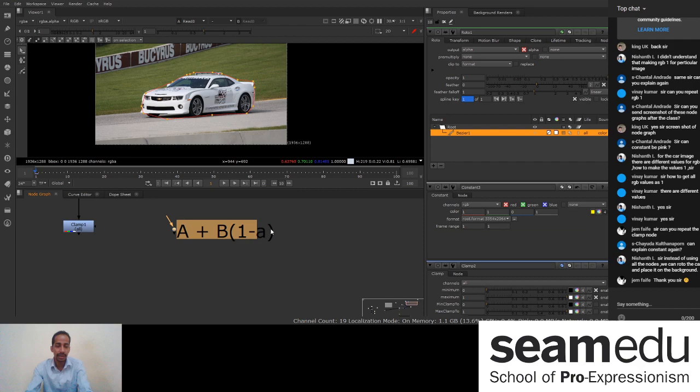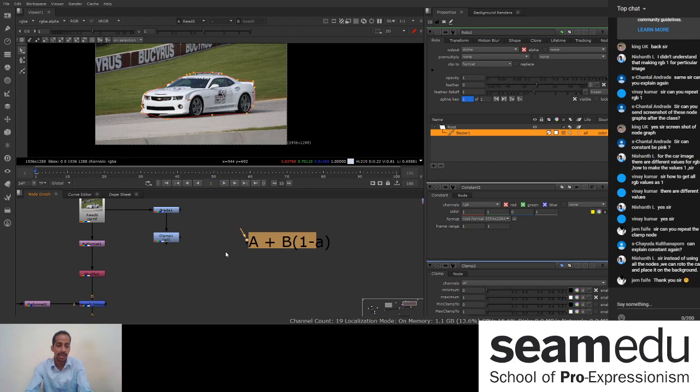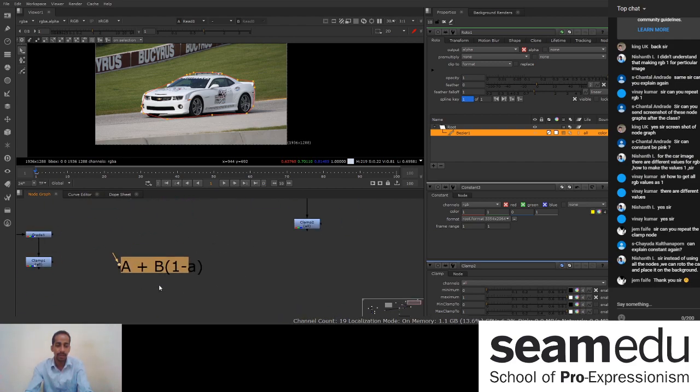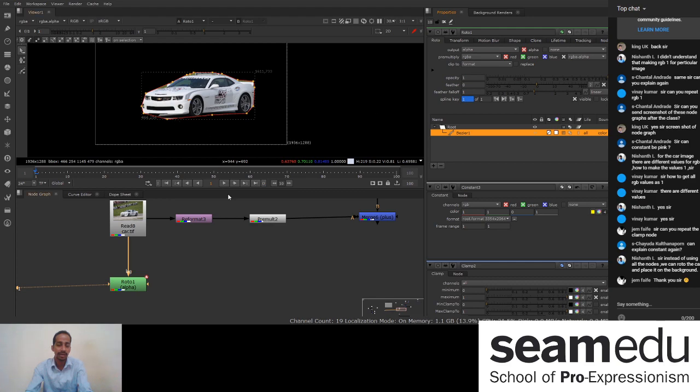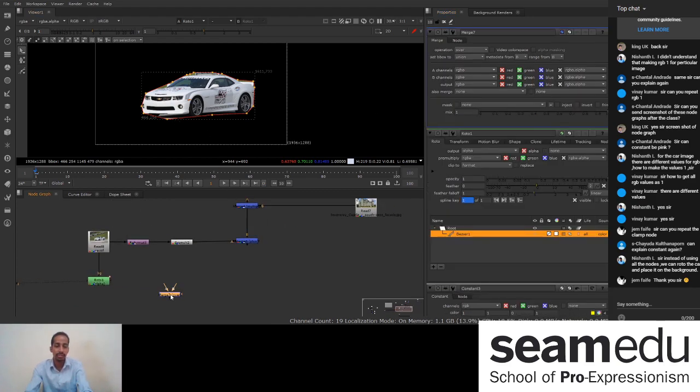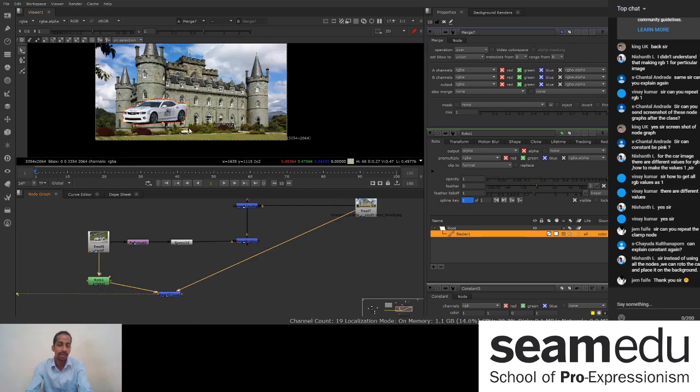All right, and it says 1 minus a multiplied by b plus a. So instead of seeing it mathematically, I just made it here to see it visually in image terms. Yes, of course, you can do this. I will just hit pre-multiply and there is a car, and then we can use a merge node, A for the car, B for the background, and that's how we can get the result.